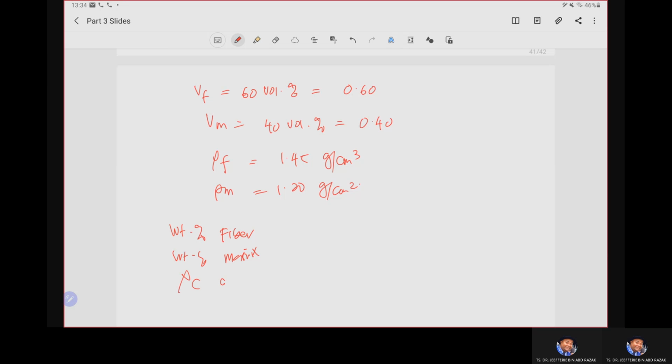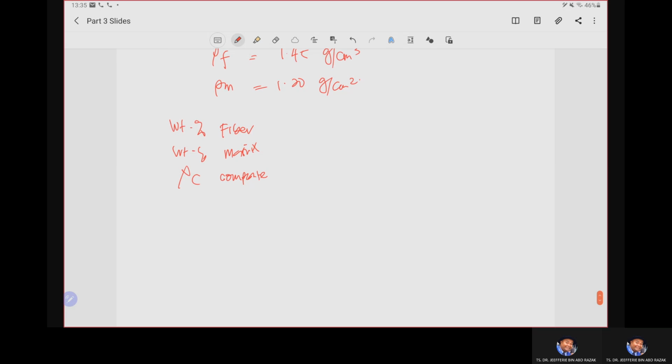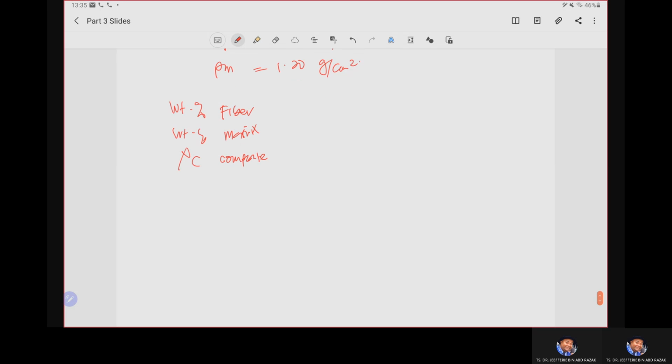To do this, please have a look at our derivation in lecture part 2. To calculate the weight percent of fibers, we have this equation: rho F divided by the quantity rho F VF plus rho M VM, multiplied by VF.